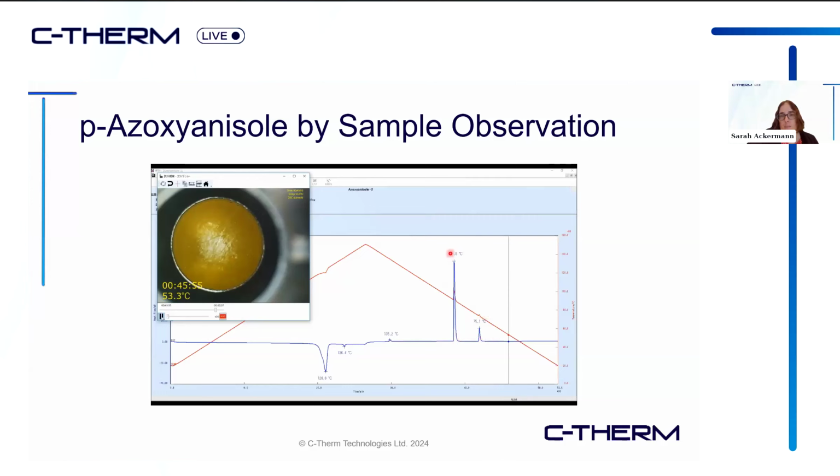And in addition, the temperatures are quite different compared with the heating cycle. So this has quite a bit more hysteresis than would be expected in a more classical type of simple phase behavior. So the sample observation video helps to understand materials with these kinds of more complicated phase behaviors.